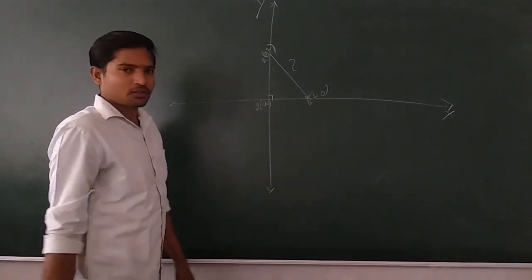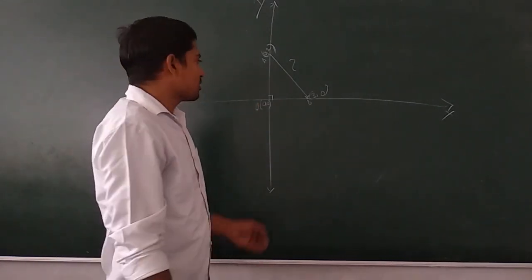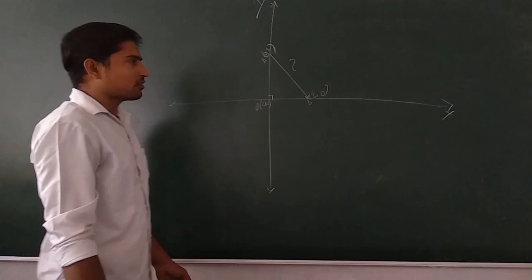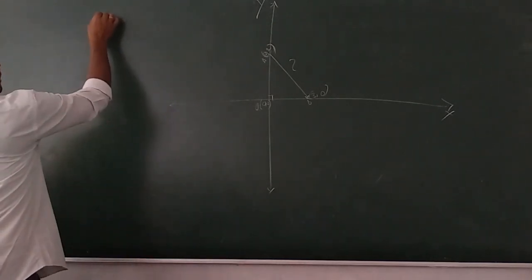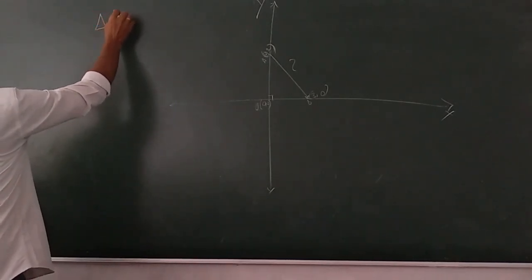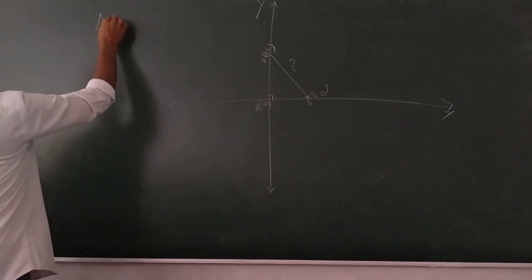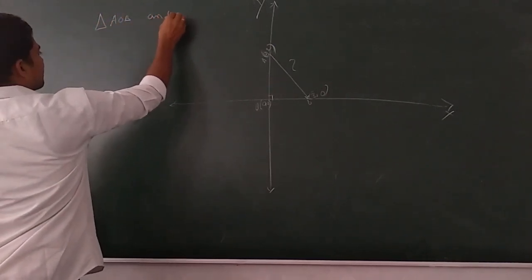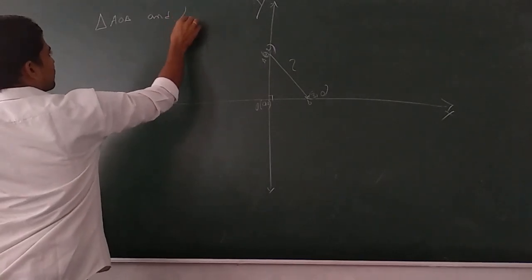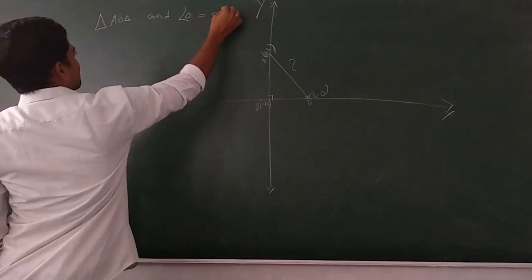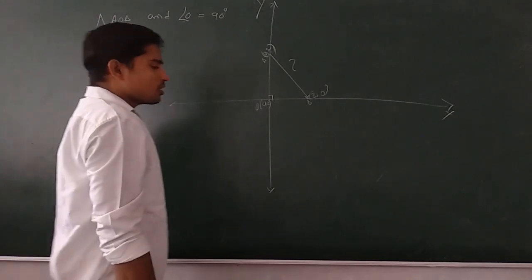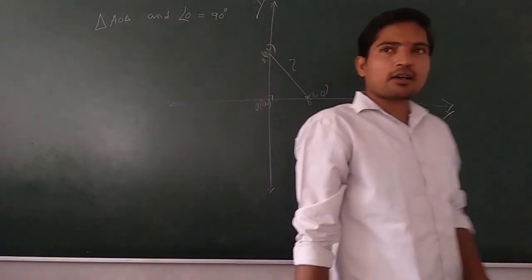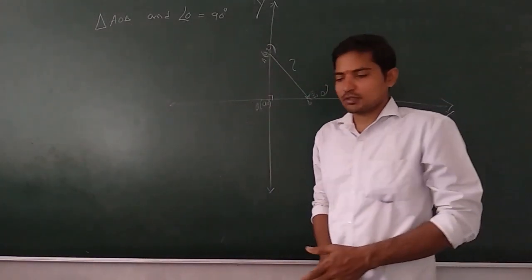Here we have a right angle. The triangle, the name of the triangle is triangle AOB, a right triangle with angle O equal to 90 degrees. The great Pythagoras formula.